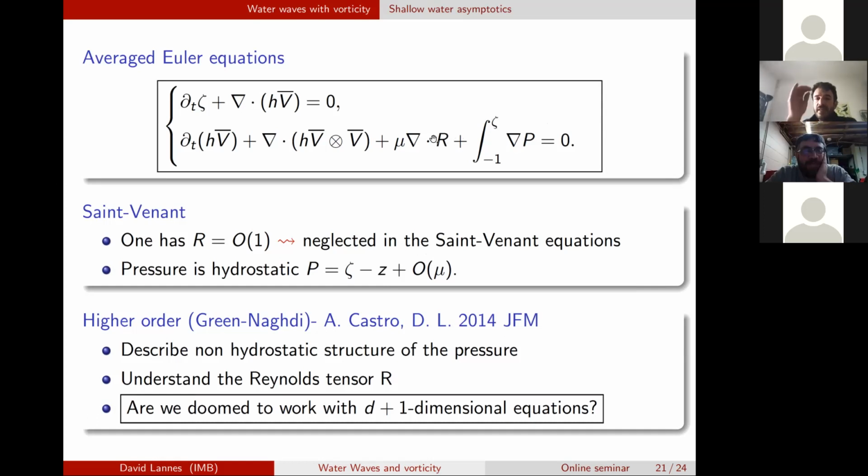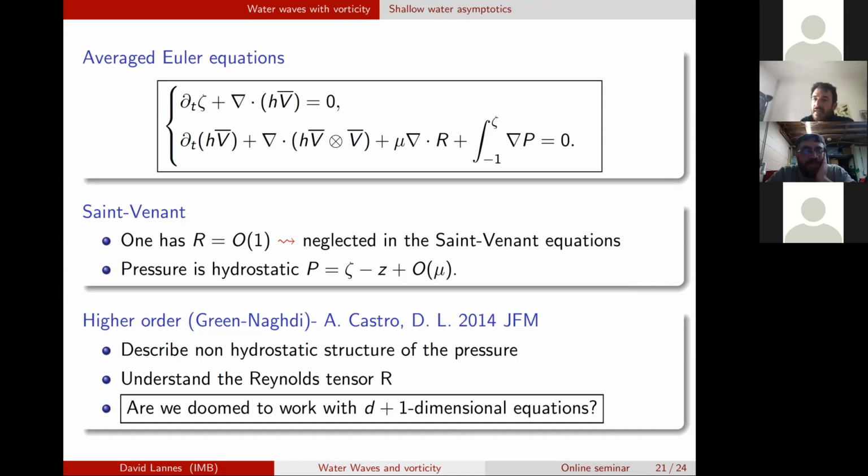This operator R is the vertical integral of v minus v bar, so you need to know the velocity field in the whole fluid domain. This quantity requires computing quantities that are d+1 dimensional. So the question is, do we still have to work with d+1 dimensional equations to compute this Reynolds tensor R, or is it possible to avoid this computation of a three-dimensional equation?